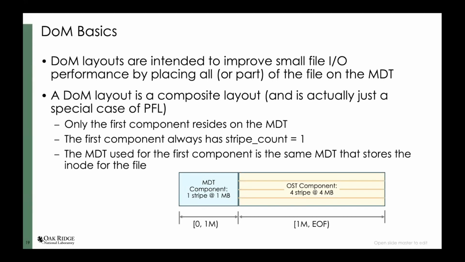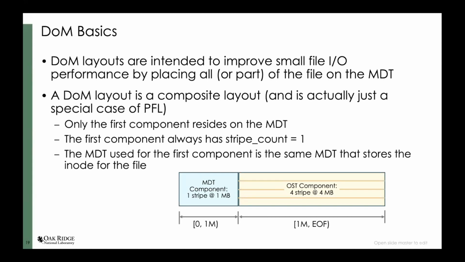It is a type of composite layout, and is actually just a special case of PFL where the first component resides on the MDT itself. That first component will always have a stripe count of 1, because it doesn't make much sense to stripe across multiple MDTs if you're trying to speed things up by accessing the MDT only once when you access the file itself.